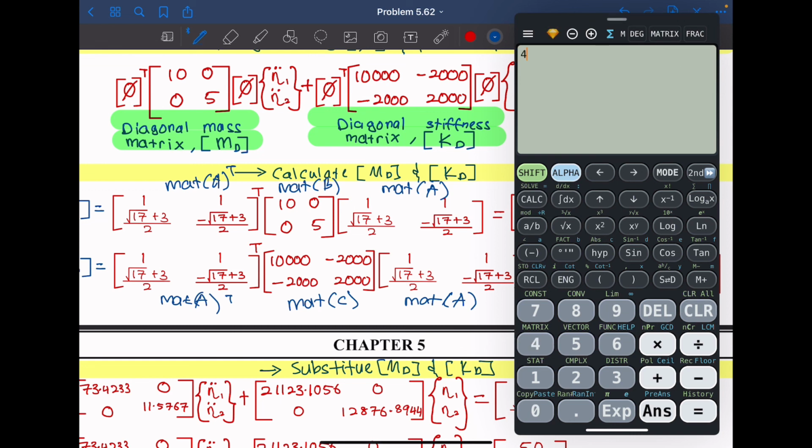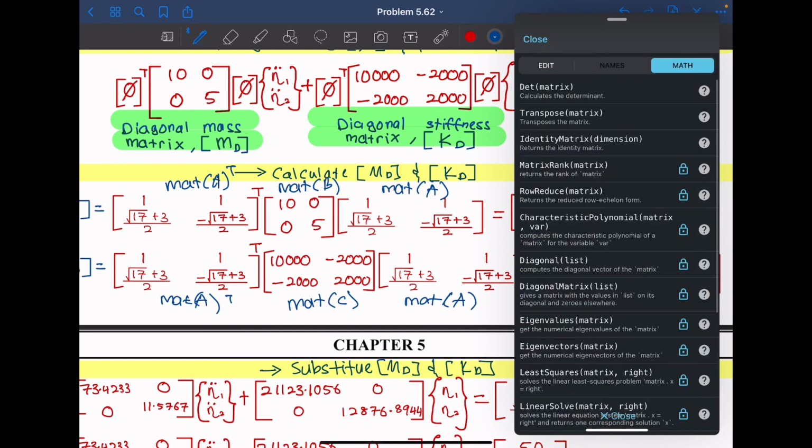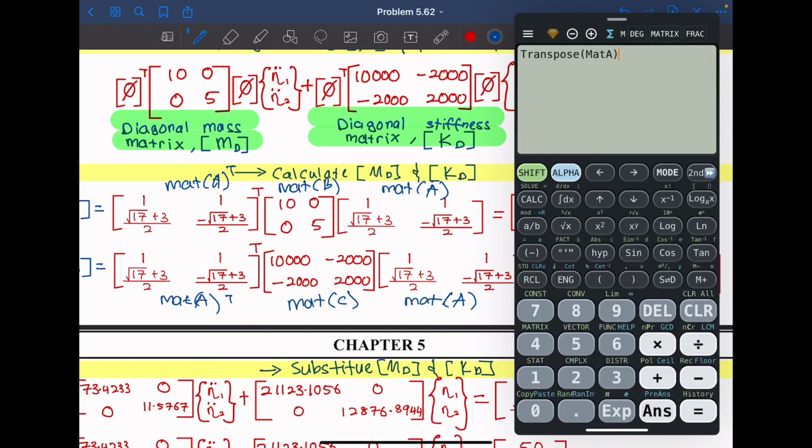Calculate that: put shift 4, the transpose of matrix A, times matrix B. Our matrix B is still the same, unless you clear your calculator, then the value will be gone. Then shift 4 matrix B times the original matrix A again.